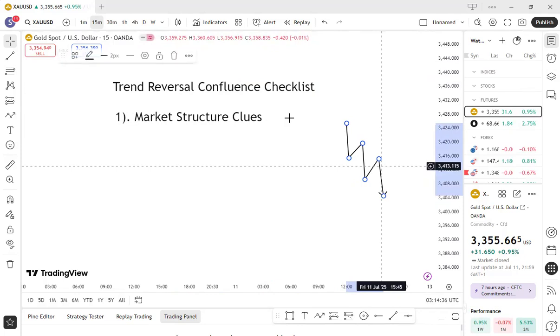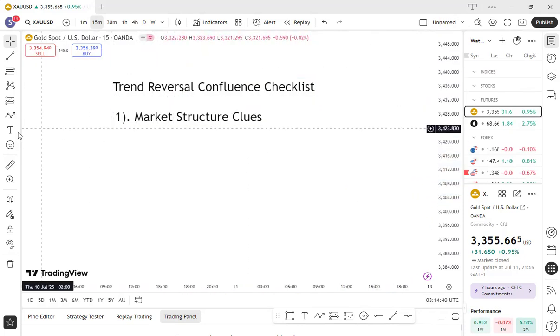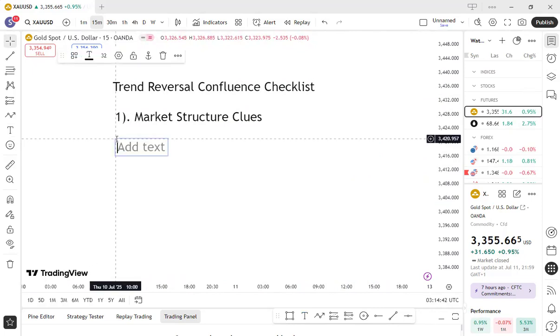And the second you have to be looking out for is your zone of interest. Let me write it out. Second is your zone of interest.